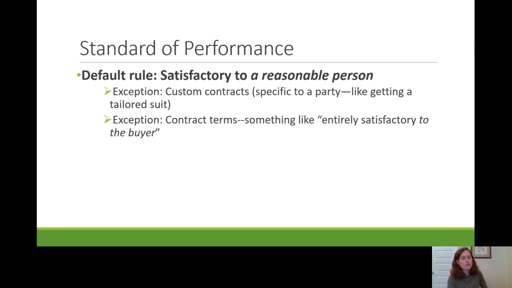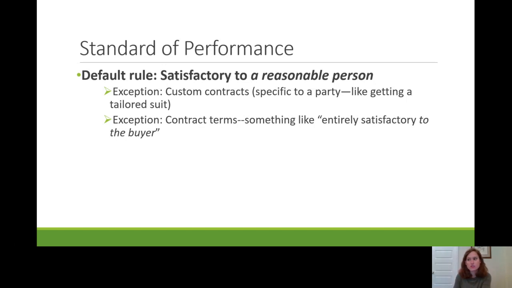Okay, a few things though quickly on the standard of performance. The default rule here is that as far as whether performance is satisfactory, we look at that based on whether it would be satisfactory to a reasonable person. So there's kind of an objective standard.